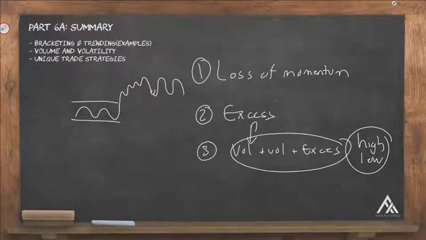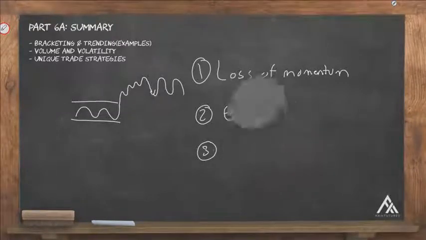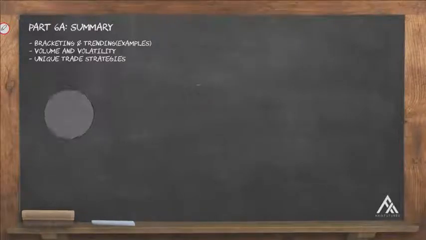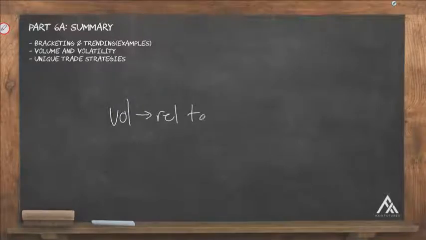We then moved on and we discussed the idea of volume and volatility. There were some very key points to look at. The key takeaway is, remember, volume is a relative tool. It allows us to measure the manner in which trade is being facilitated.